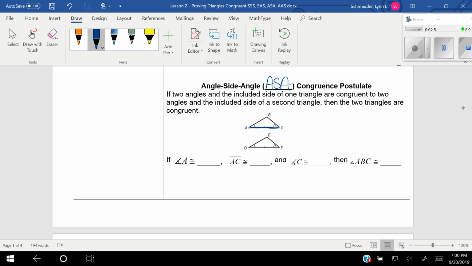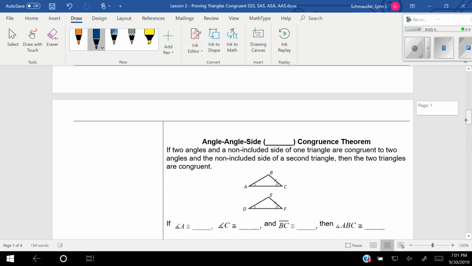So if angle A is congruent to angle D, and AC is congruent to DF, that's the included side, and angle C is congruent to angle F, then I can say that triangle ABC is congruent to triangle DEF. Much nicer than having to show that all the corresponding parts are congruent.